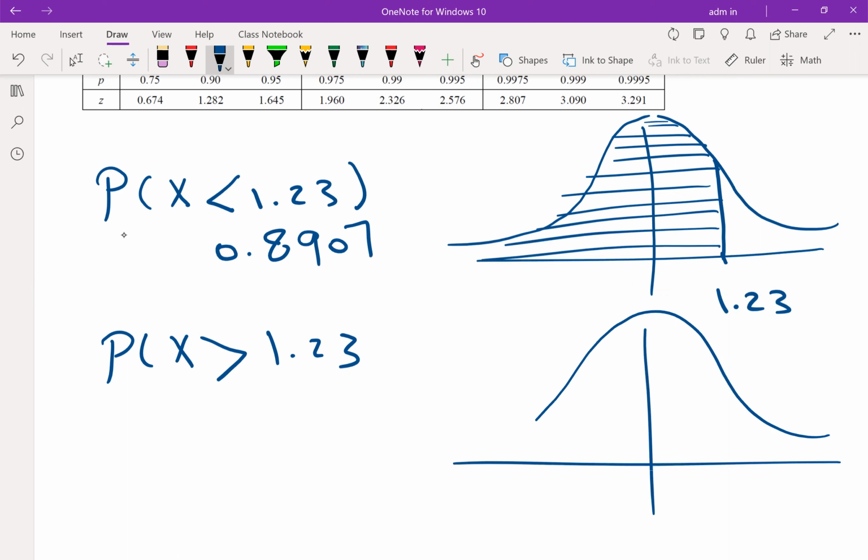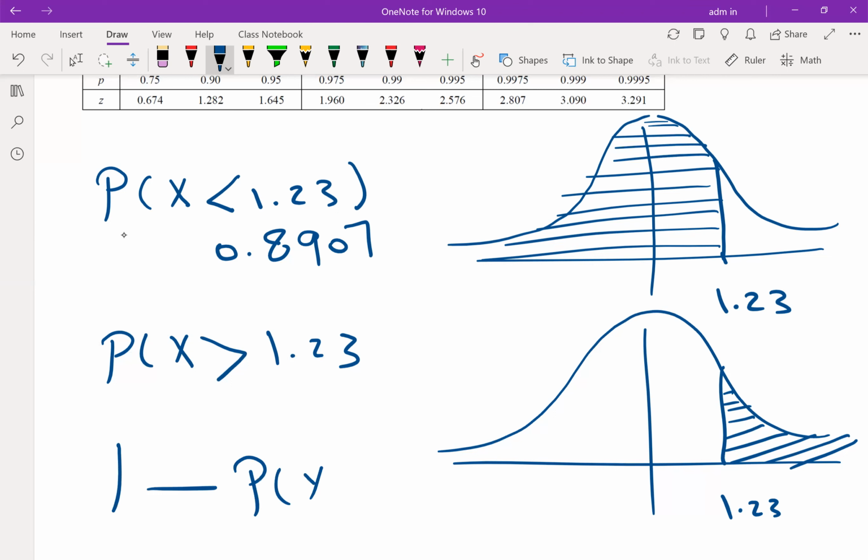What about if it is more? 1 minus. If it is more, the table is organized to give the value where x is less than a positive value. So convert it first to a standard form from the table: 1 minus the probability of x less than 1.23.